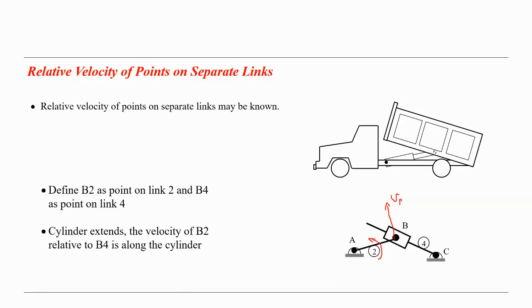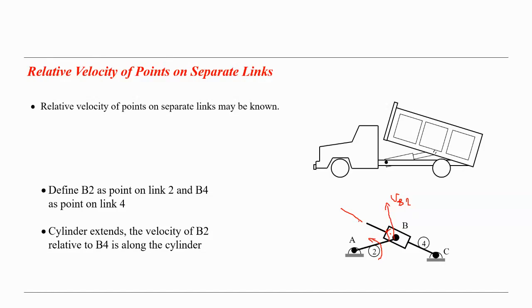This is VB2, perpendicular to the line AB. B4 is the slider moving along the line CB, so the speed must be in that direction.